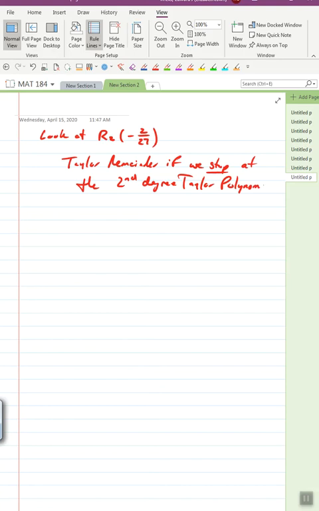If you go back and look in your notes, you'll see that's exactly what R2 is. In other words, the Taylor series can be written as everything up to the second degree term plus the Taylor remainder, which is the tail of the infinite series.